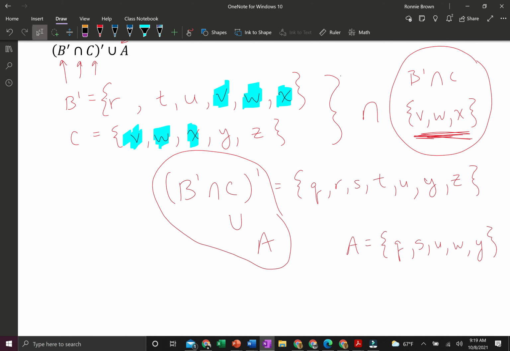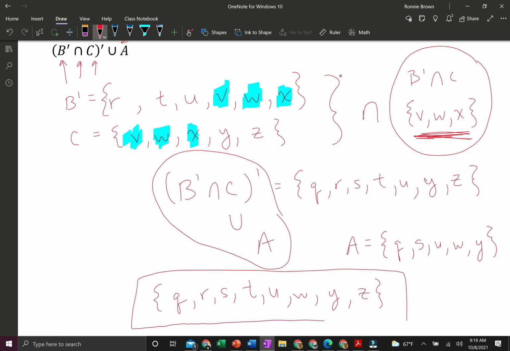So, in putting them all together and unioning it with set A, we get Q, R, S, T, U, W, Y, and Z. And this is what we have for our solution for the set operation of the quantity of B prime intersection C, and that entire quantity we take the complement of and then union it with set A.